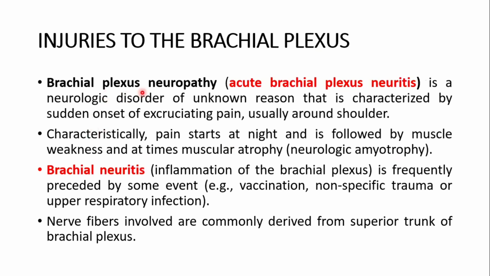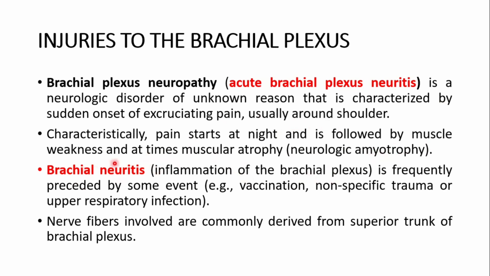And injuries, brachial plexus neuropathy, acute brachial plexus neuritis. It is a neurological disorder of unknown reason that is characterized by sudden onset of excruciating pain, usually around the shoulder. Characteristically, pain starts at night and is followed by muscle weakness and at times muscular atrophy, which is a neurological amyotrophy.